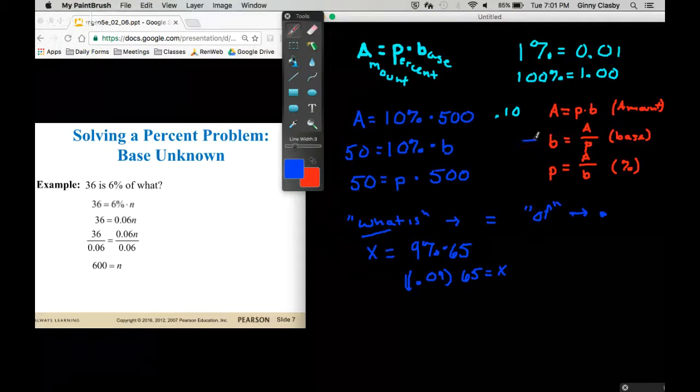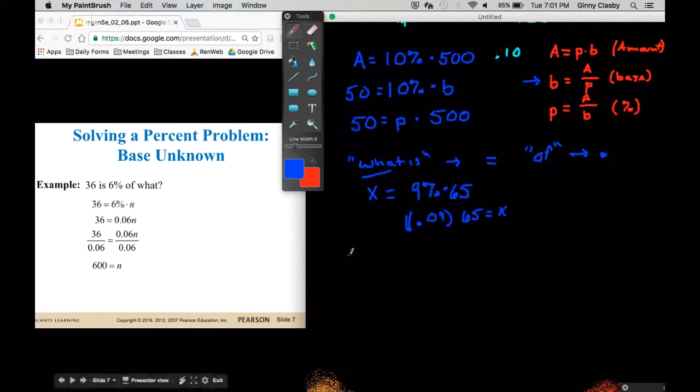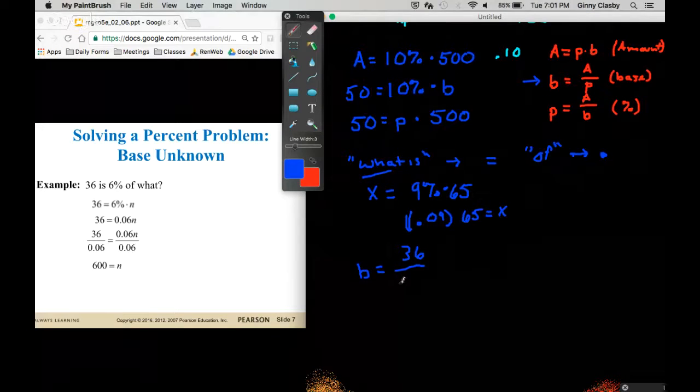So if you come over here and use this equation to solve this next problem, your b is what you're solving for, right? And you have your amount, which is 36, over your percent, coming back up here, a over p, which is 6%, and you write out 6% as a decimal of 0.06. You do that math out, and you would get 600. So your base is 600.